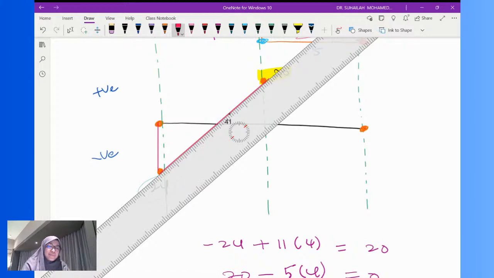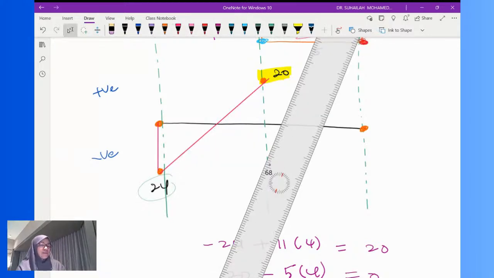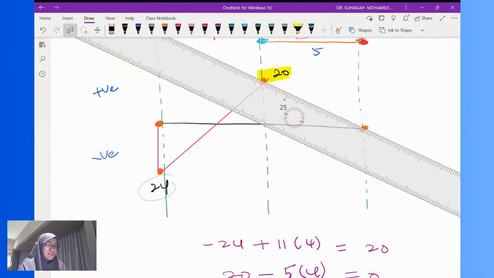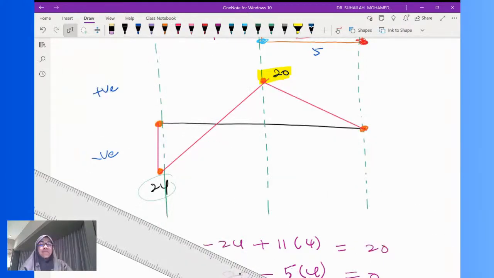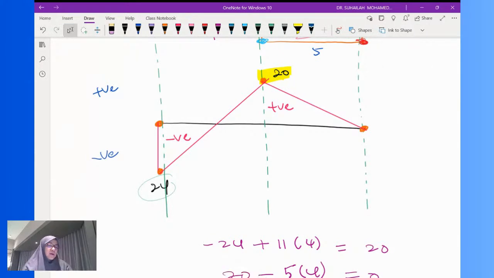Like this, and like this. So this is positive, this is negative. This is how the bending moment diagram looks like.